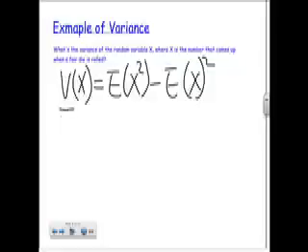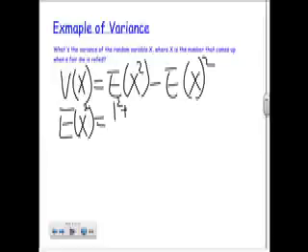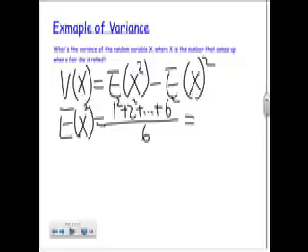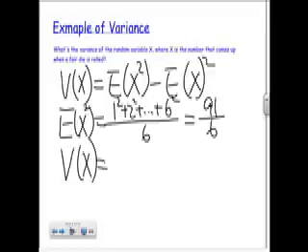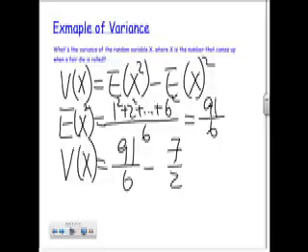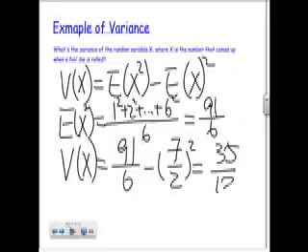Considering we don't know E(x squared), we can just calculate it right here, which is (1 squared plus 2 squared plus up to 6 squared) over 6, and that will give us a value of 91 over 6. We already calculated E(x), which equals 7 over 2, from the previous video clips. Now we can directly calculate V(x), which is 91 over 6 minus (7 over 2) squared, which would be 35 over 12.